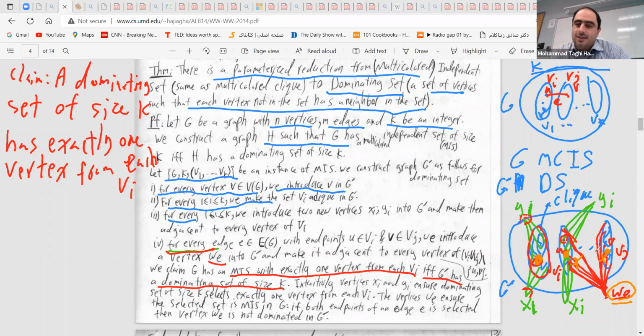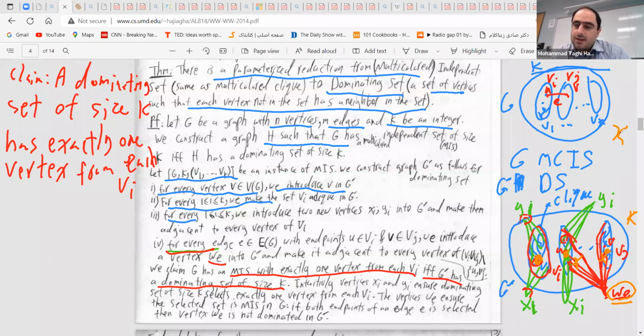And that shows that dominating set and multicolored independent set are the same in terms of the parameterized reduction. The parameter K here is exactly the same parameter K. So we didn't have any blow up in parameter K in terms of N or anything.